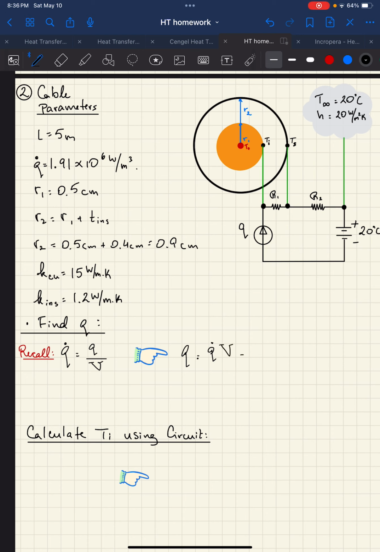The volume of the cylinder, again, is going to be the area of this part, which is the cross-sectional area of the conductor. So pi r of the conductor, so r1 squared, times the length of the conductor, which is just L. And let me actually put them all in parentheses like this. So we can plug in our numbers and get a value for Q, which is great. So Q dot is 1.91.